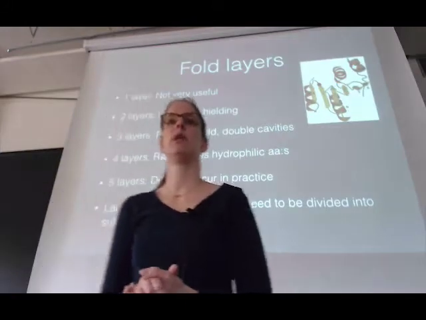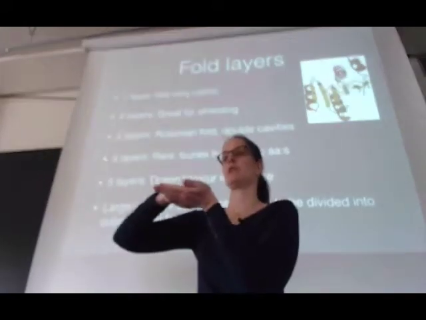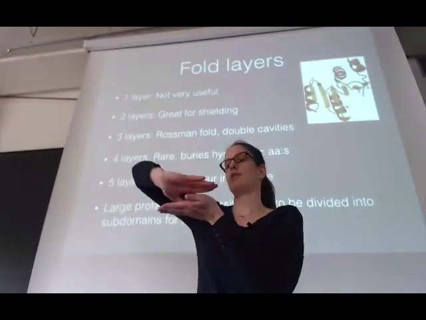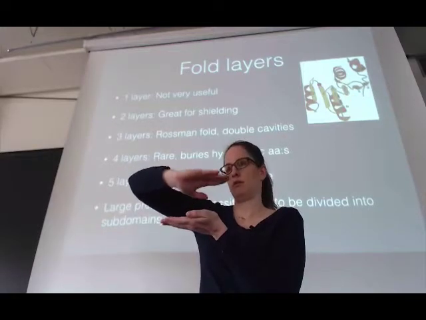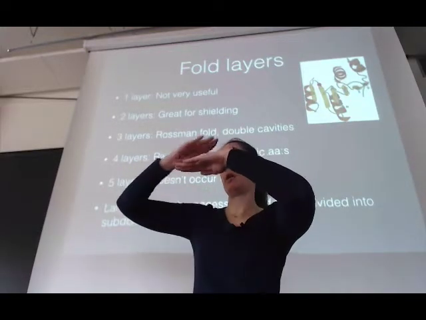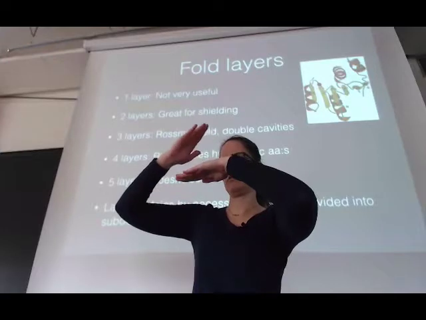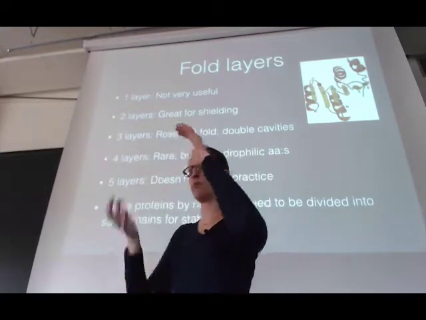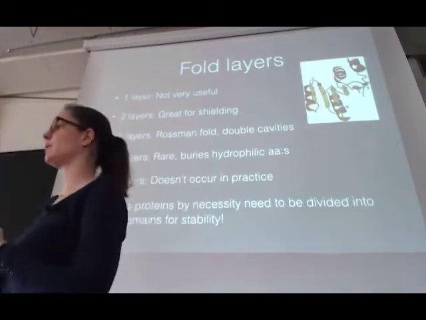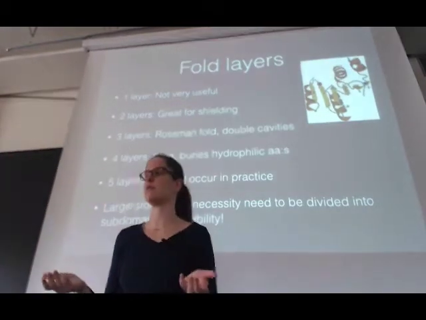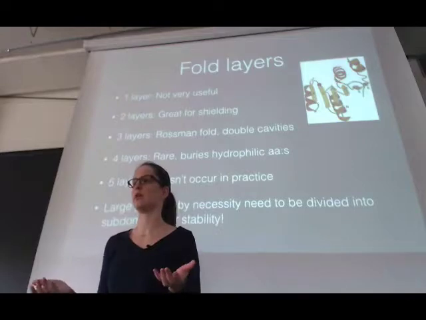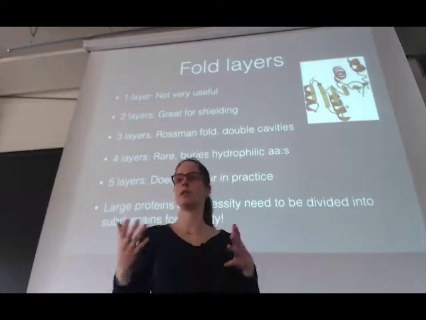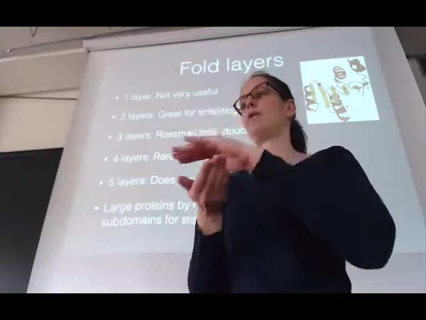Four layers would mean a hydrophilic side, a hydrophobic side, right? Then hydrophobic, hydrophobic, then hydrophobic, hydrophobic, and then hydrophobic, hydrophilic. Did you follow? So then we would want to bury a lot of hydrophobic residues. And since we have about 50-50 hydrophilic, hydrophobic, a lot of protein sequences won't fold into 4.